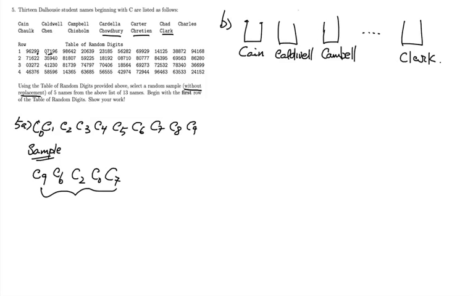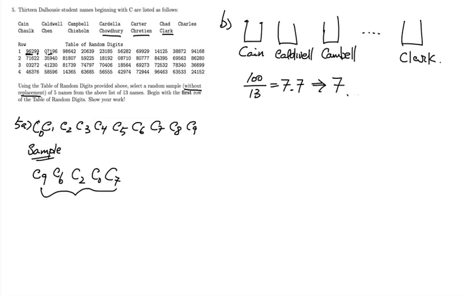The way we do this is, because we are sampling two-digit numbers, we divide 100 by the number of students, and we get 7.7, which implies that each bucket should span 7 numbers.